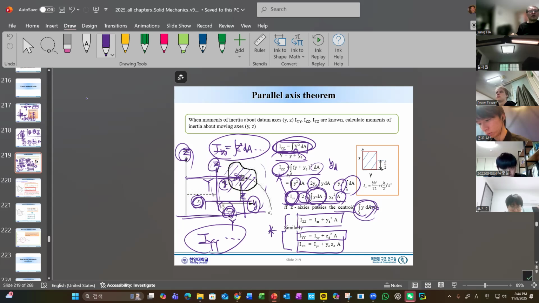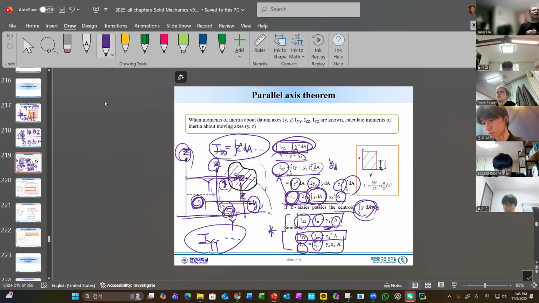So as long as we know the moment of inertia with respect to a centroid, then we can easily calculate the moment of inertia in another coordinate system. Simply, d is the distance between the coordinate systems, multiplied by A. Okay, so this is one very important result.